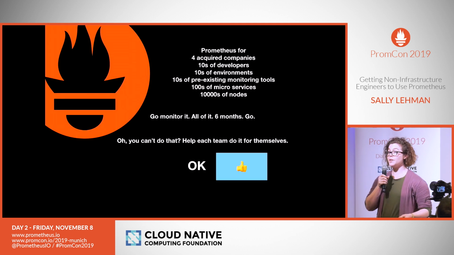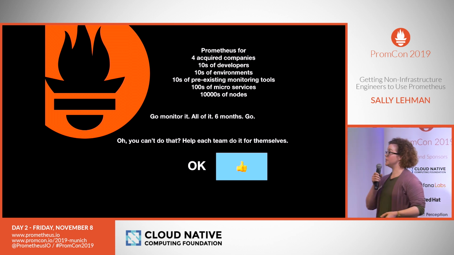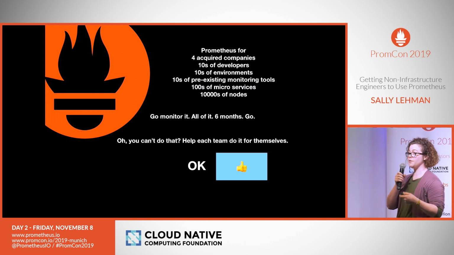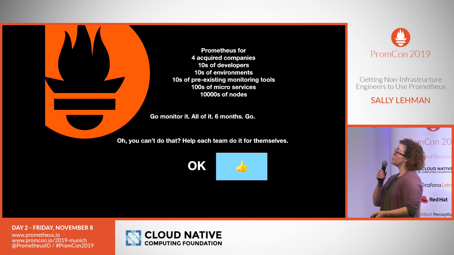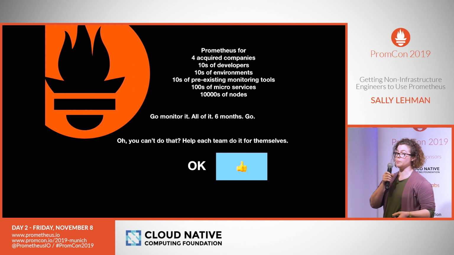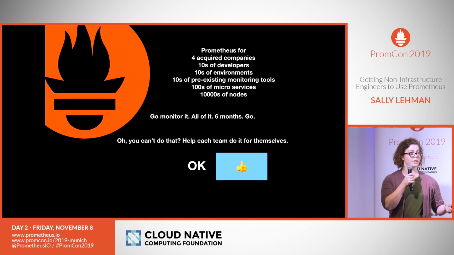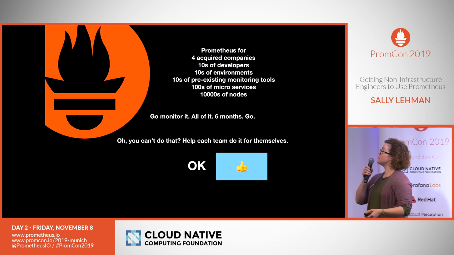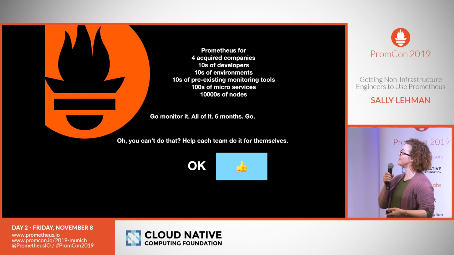In my previous job, this was what I was asked to do: to have a combined Prometheus set of deployments for a whole bunch of companies that were being put together. A whole bunch of varied developers in different languages and different services. They had a bunch of pre-existing monitoring tools, a lot of them about to die.